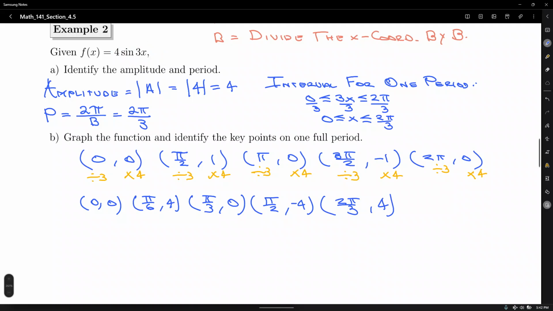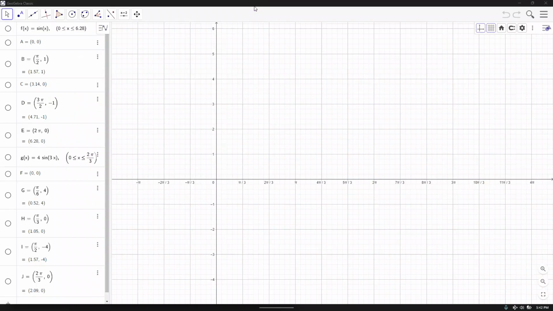All right, let's go to GeoGebra to graph this function, and I'll show you how that will look. So here we are in GeoGebra, where first of all, I'm going to show you the graph of the parent function, sine of x, and the key points.